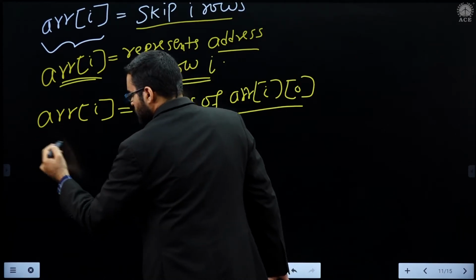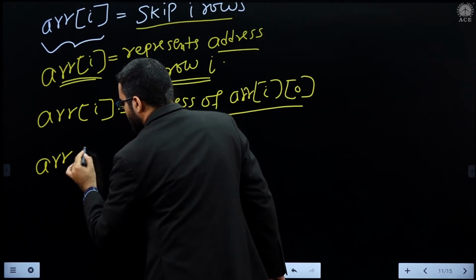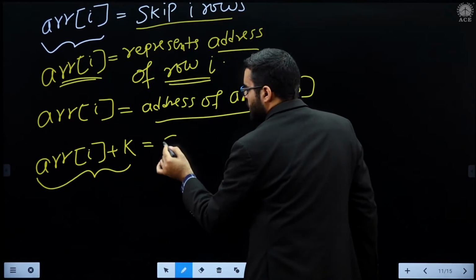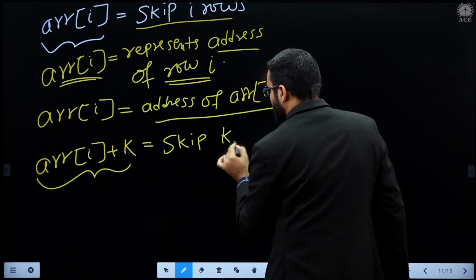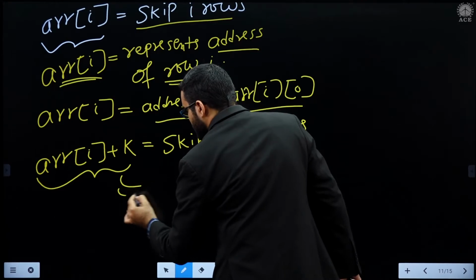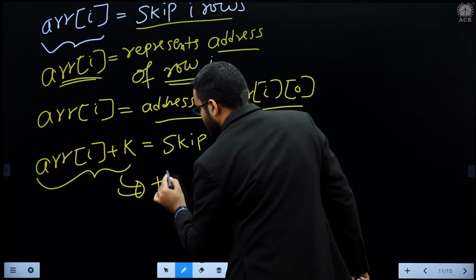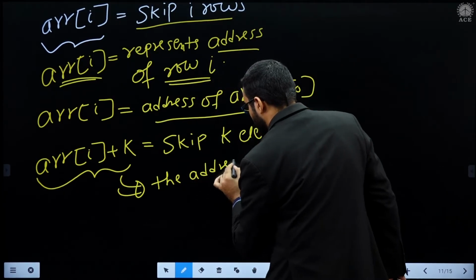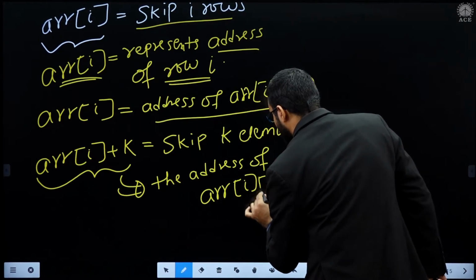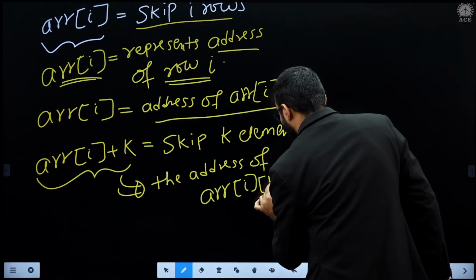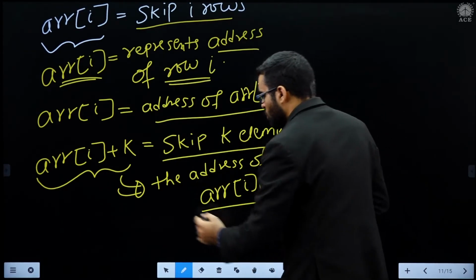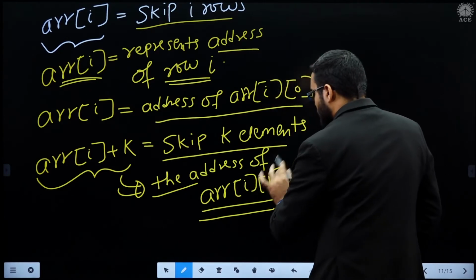Now, in C language, when I write ARR of I plus K, it means skip K elements, or more correctly, the address of ARR I,K.